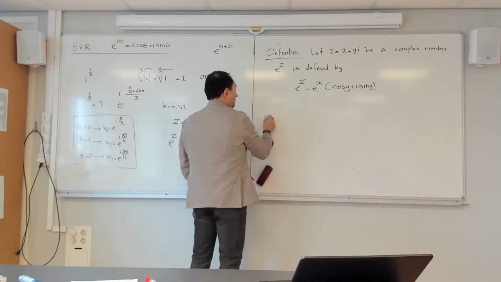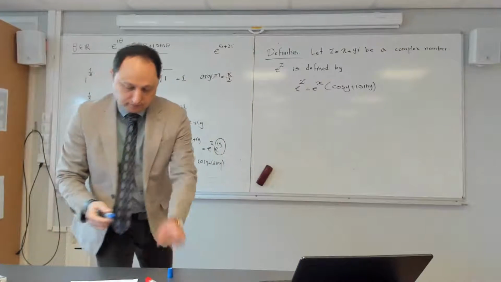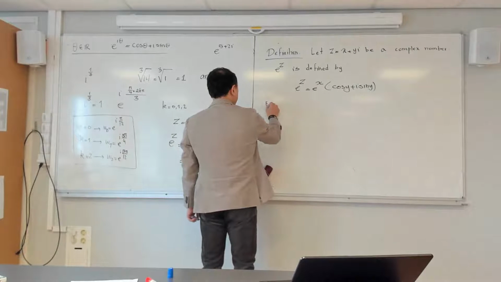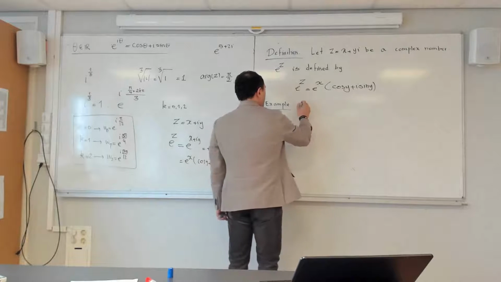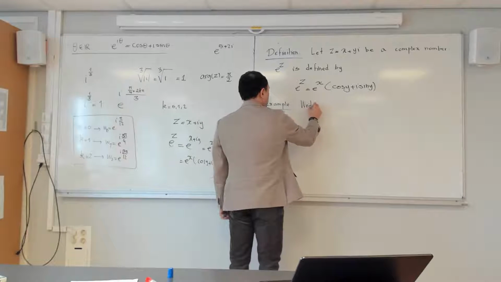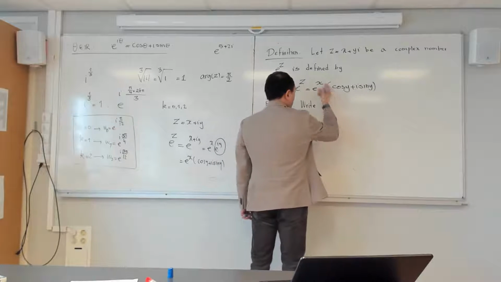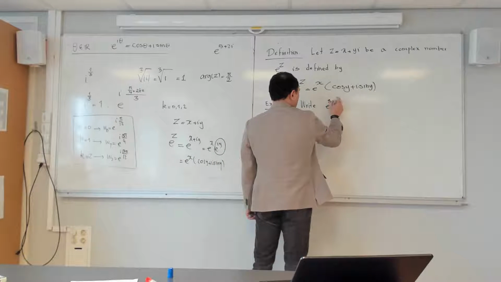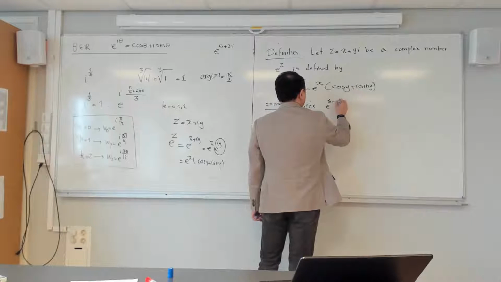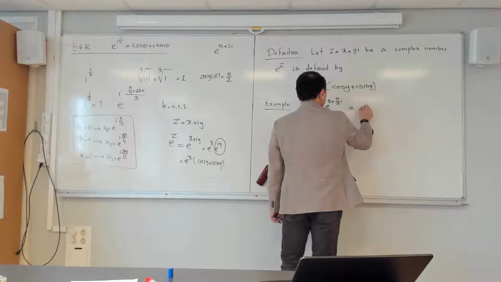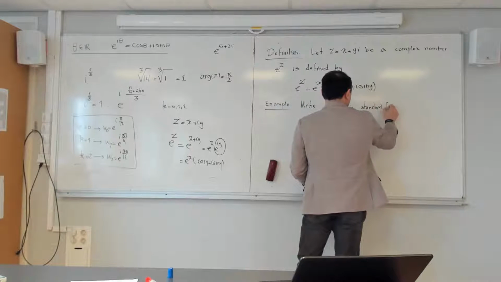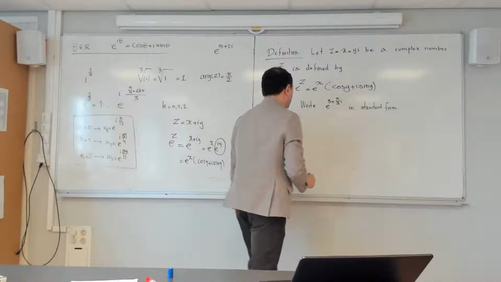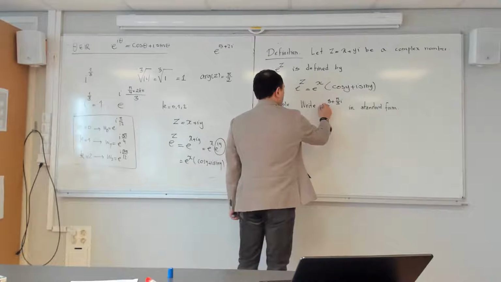So let me write this example: write e to power 3 plus pi over 3 i in a standard form. By the way, let me put a 5 here.